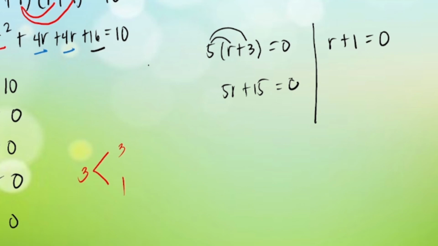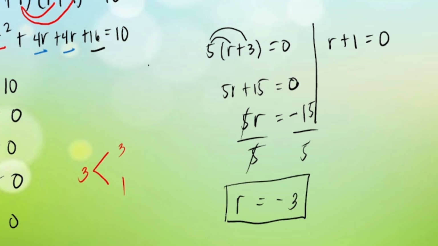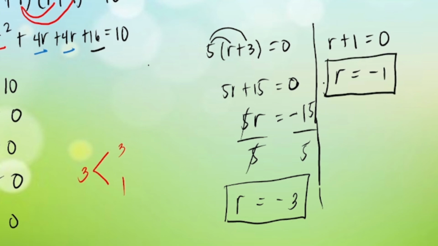Or we have 5r equals negative 15. Divide the equation by 5. The answer is negative 3. Well, on the other side, we have r equals negative 1 as the answer.